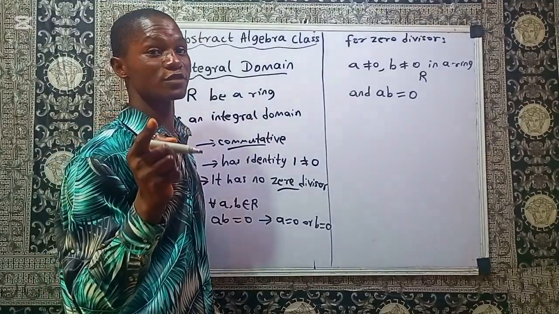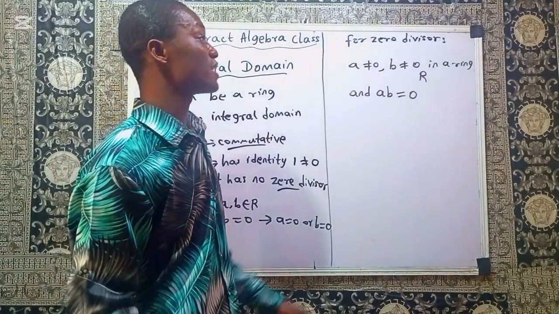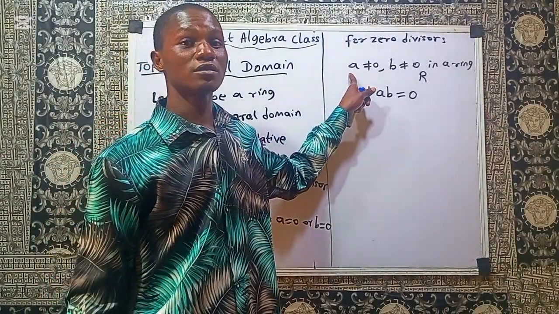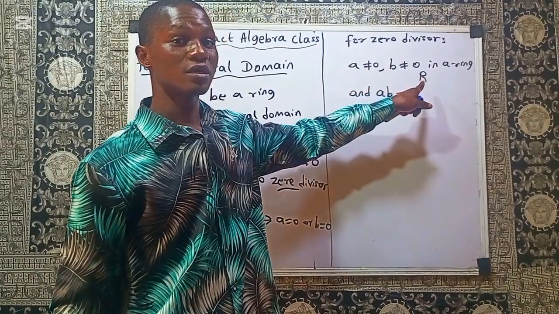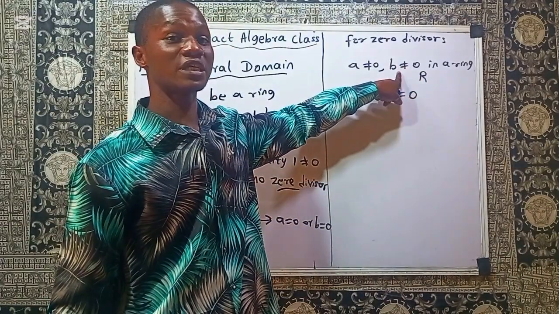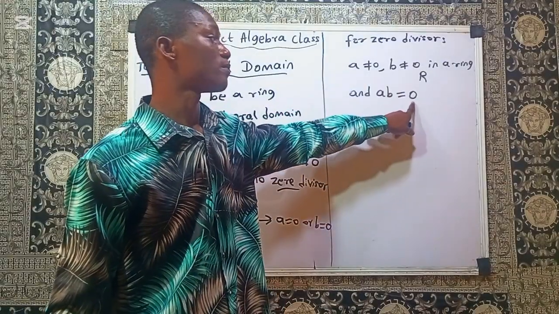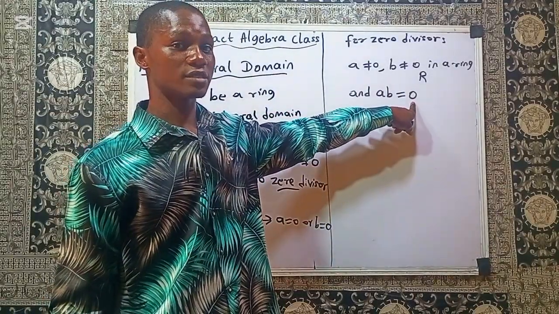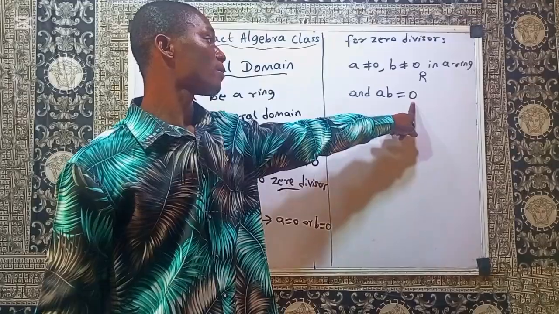This is the definition of a zero divisor. A zero divisor is a non-zero element of the ring which will multiply another non-zero element of the ring to give you 0. The 0 you are seeing here is the zero element of the ring.